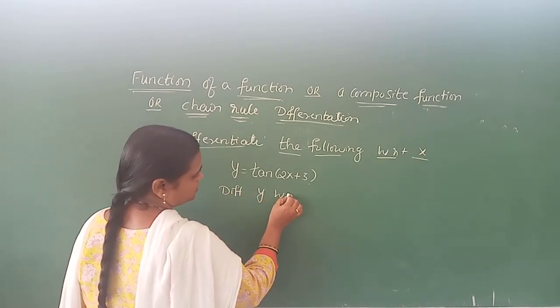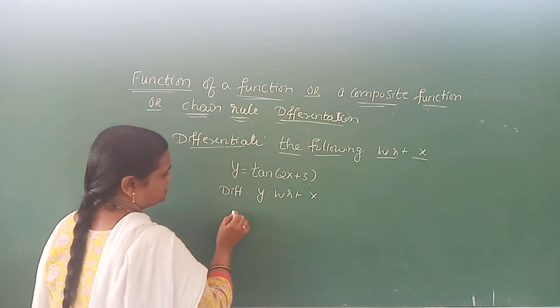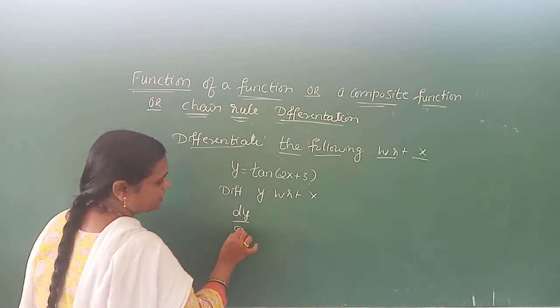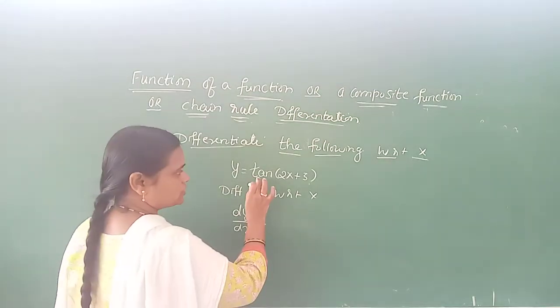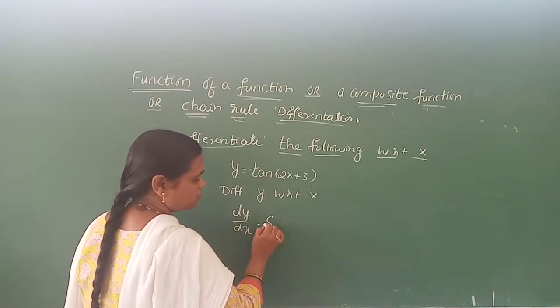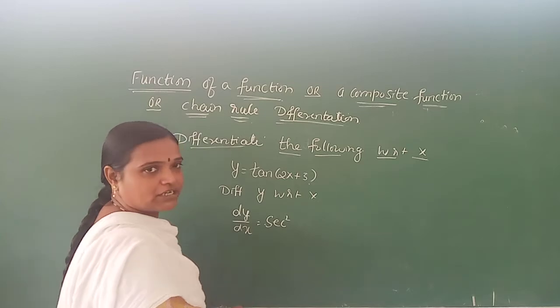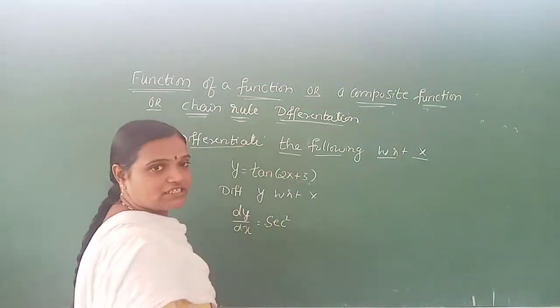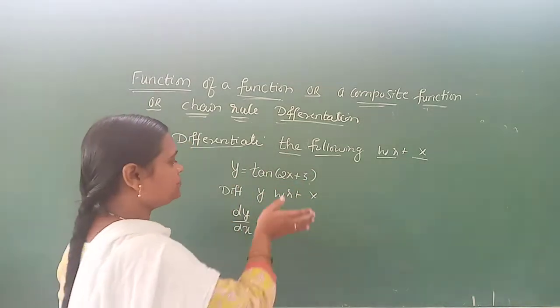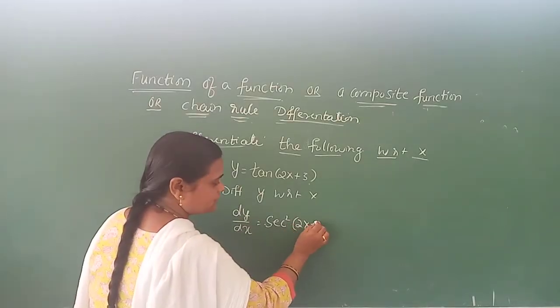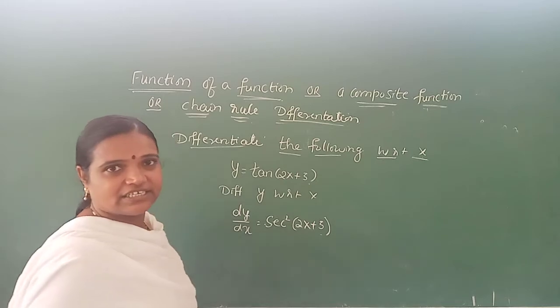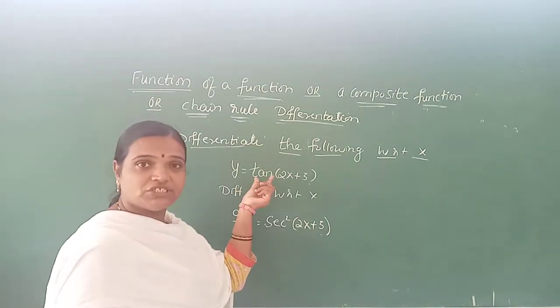Differentiate y with respect to x. Then we will get dy by dx. Tan differential is what? Secant square. But this whole angle is another variable, that one we are writing as it is, 2x plus 3. First we are doing the differentiation of tan.